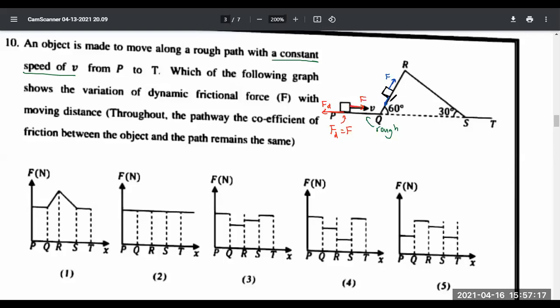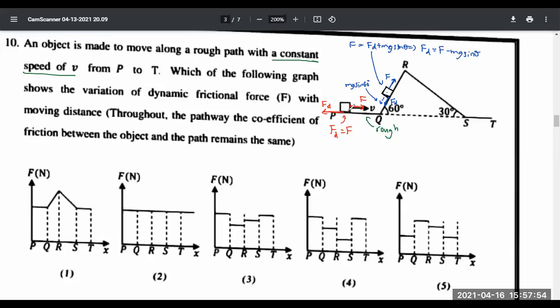And then we will have mg sine theta as well, mg sine 60 actually, in the opposing direction. Okay, right. So they are the blue color part. If you consider the resultant forces, F is equal to FD plus mg sine theta. And that will give you FD equal to F minus mg sine theta.